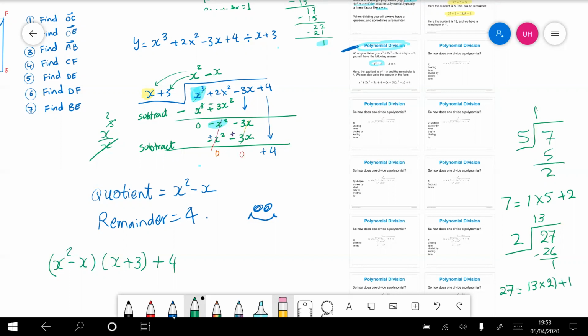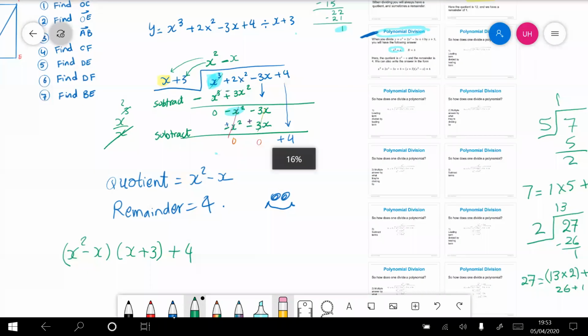So 13 times 2 gives us 26, plus the 1 gives us 27. Same idea, but we are using the polynomial here. So this is the quotient, this is the linear factor we divided by, and this is r, the remainder.